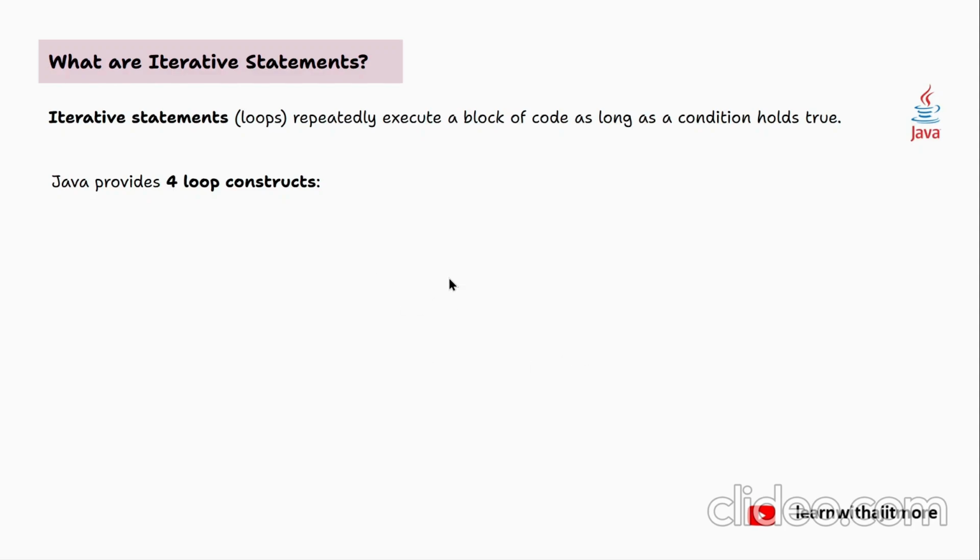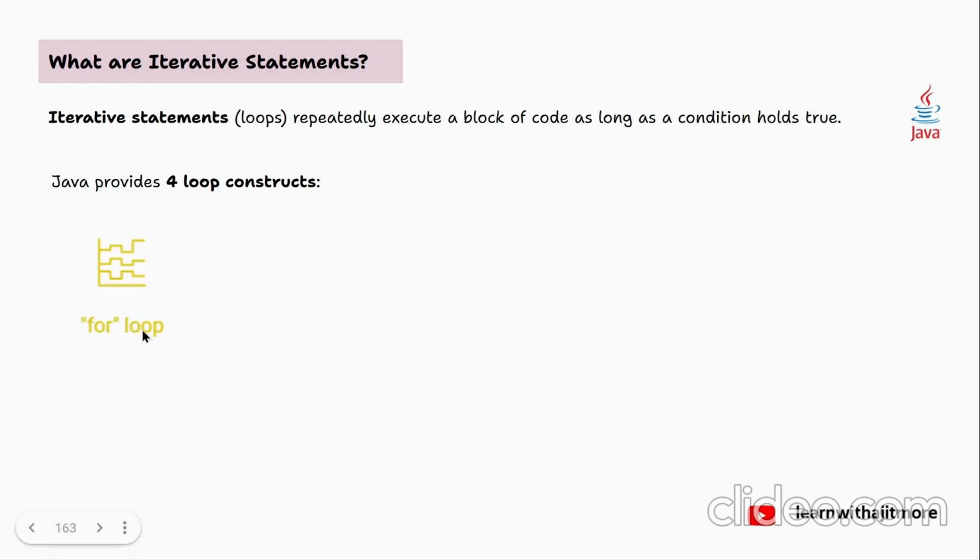Enumeration controlled means it will go for some fixed number of times, and logically controlled means till the condition doesn't become false, till the condition is true, keep repeating. So that is generally called logically controlled. And when the number of iterations is known, we call it enumeration controlled. Okay? So either it is enumeration controlled or logically controlled, or sometimes they are classified as entry test, exit test, mid test. Okay. So in Java, there are four types.